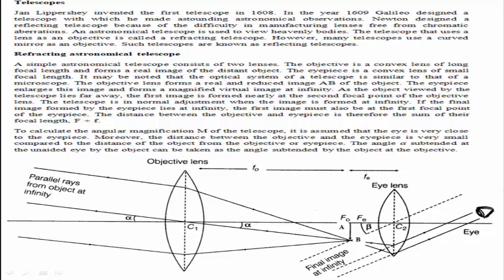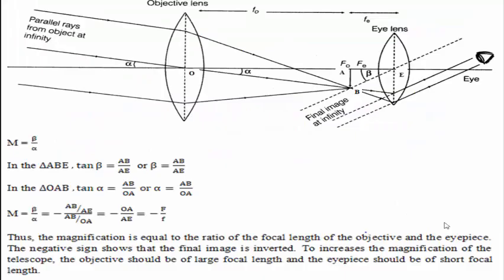The angle alpha subtended at the unaided eye by the object can be taken as the angle subtended by the object at the objective, where the magnification formula is m equals beta divided by alpha. According to the diagram, in the triangle ABE, tan beta equals AB divided by AE, or beta equals AB divided by AE.